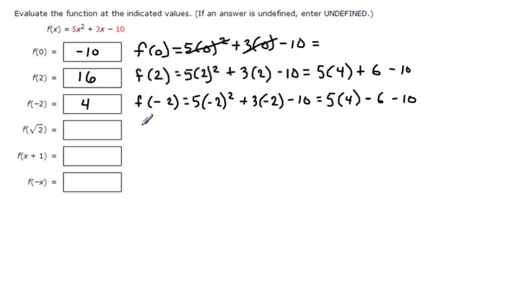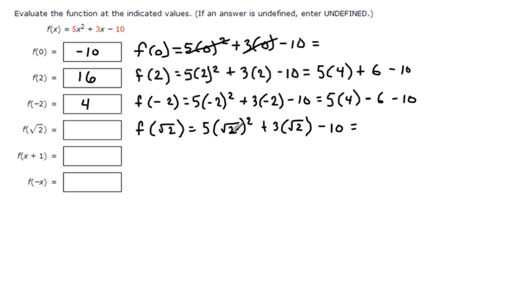Okay, next, let's do f of radical 2. And we're going to still do exactly the same thing. I'm going to stick a radical 2 in our parentheses here. So 5 times radical 2 squared plus 3 times radical 2, and then minus 10. Now, order of operations still, so we have to square radical 2.